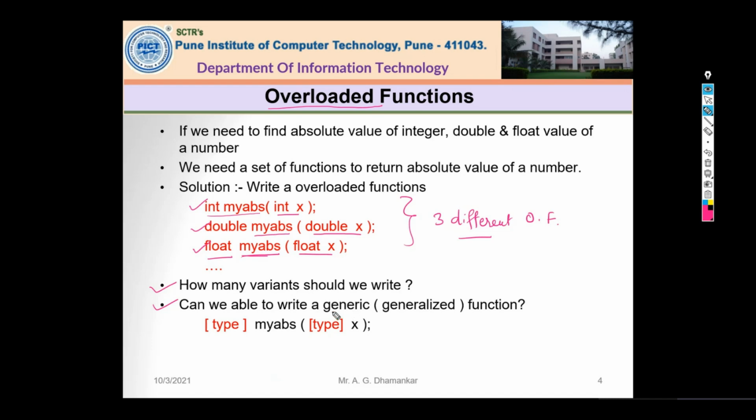Can we say it is a generic or generalized function which takes the same name, myAbs, and some data type as an input and will return the same type as a return value? So can we have such an arrangement in C++? Yes, it is possible using function templates, right? Going to the next.